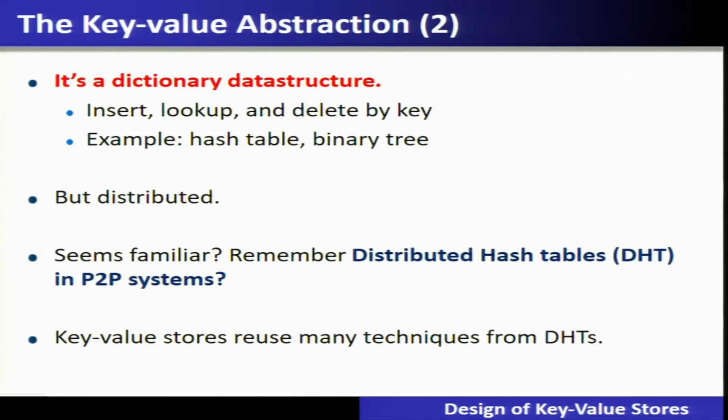So, this key value store becomes a dictionary data structure which supports operations like insert, lookup and delete by key, and typical examples are the hash table or the binary tree.